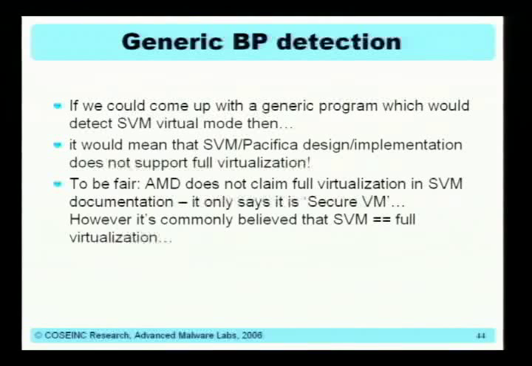They only talk about secure virtual machine. But still, everybody believes that hardware virtualization can be used for full virtualization. And if we had a way to create a program which would behave differently inside a VM and outside a VM, this would mean that actually we don't have full virtualization, right?